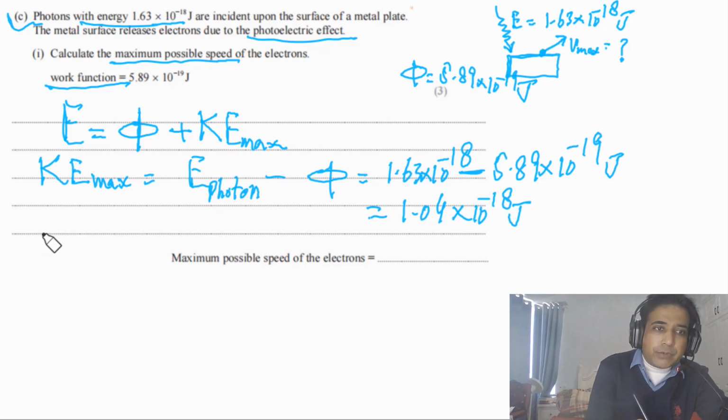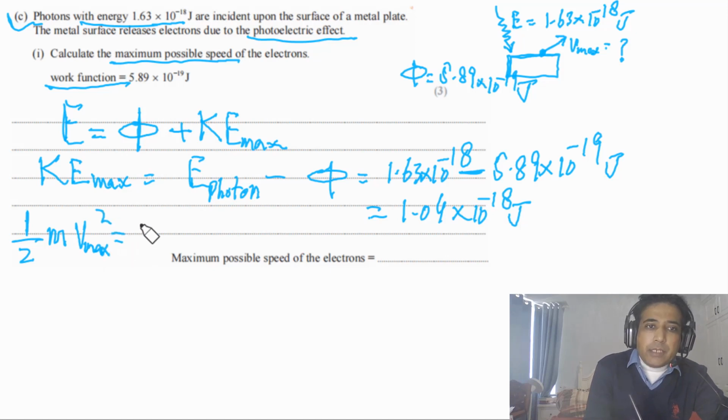Now we can write that the maximum kinetic energy will be equal to one half m v max squared. This v max is the speed of the photoelectron, and this is equal to 1.04 times 10 to the minus 18 joules. We need to calculate V max. So we can multiply this by 2.